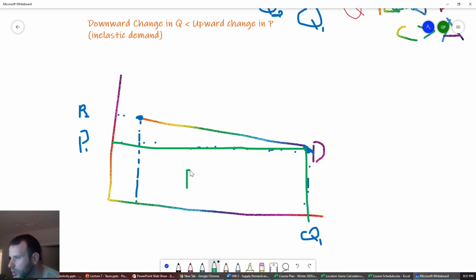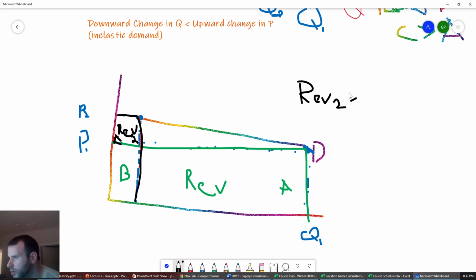Revenue 1 is going to be here. We'll call this A, we'll call this B. And revenue 2, let's do black. Revenue 2 is going to be C plus B. I can barely even draw how small C is, right?